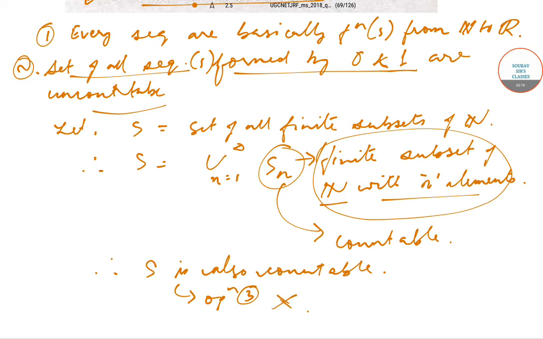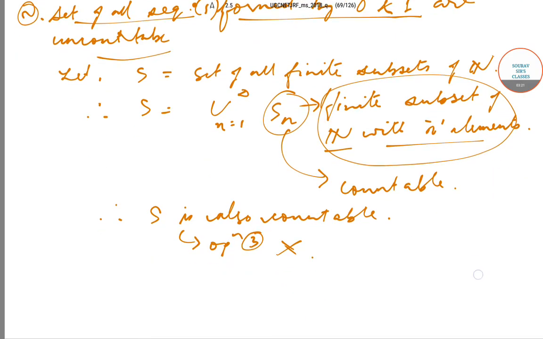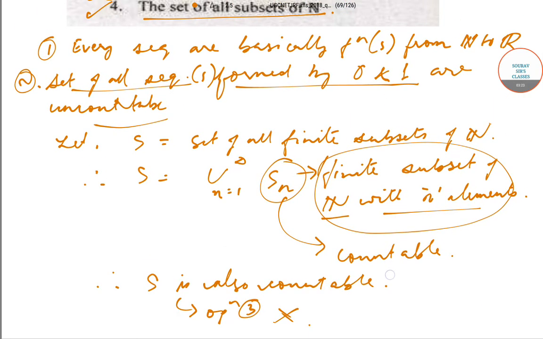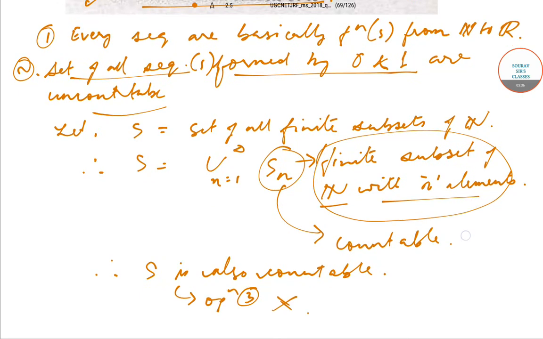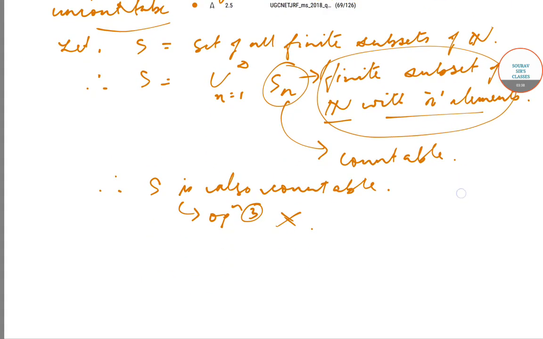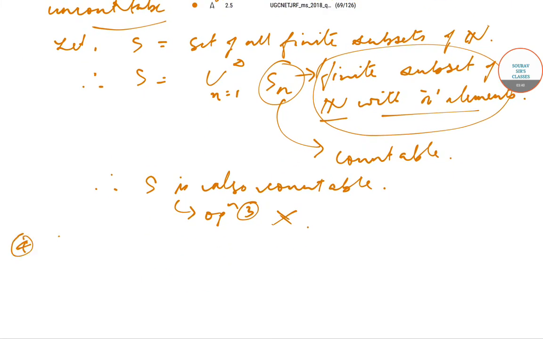Now let's shift our focus to option 4. In option 4 it was said that the set of all subsets of N is uncountable. So let us deal with this. Now we know that by Cantor's theorem, now what does Cantor's theorem say?